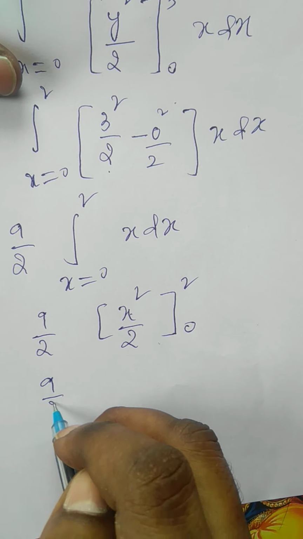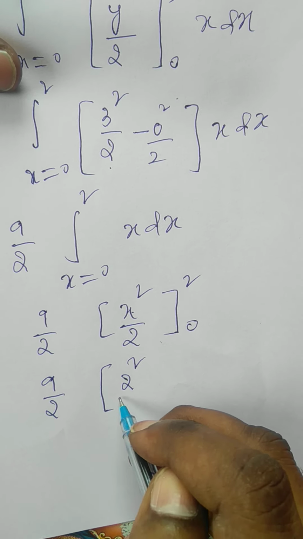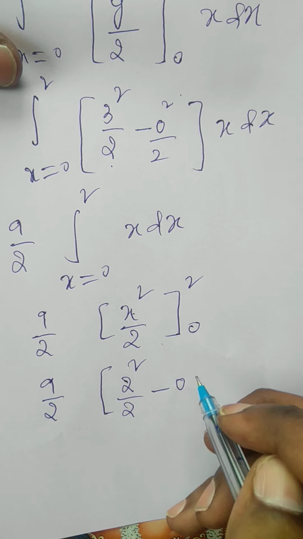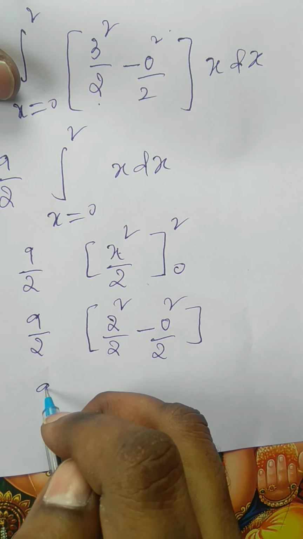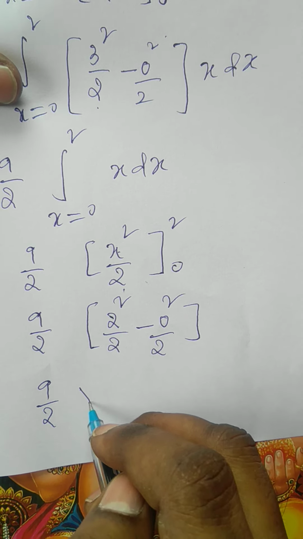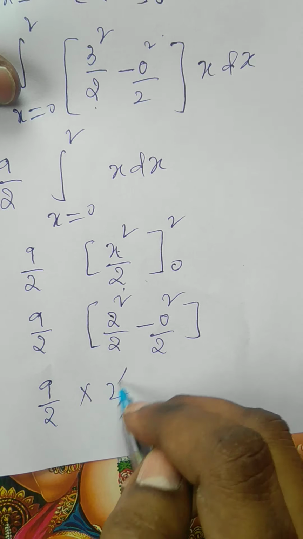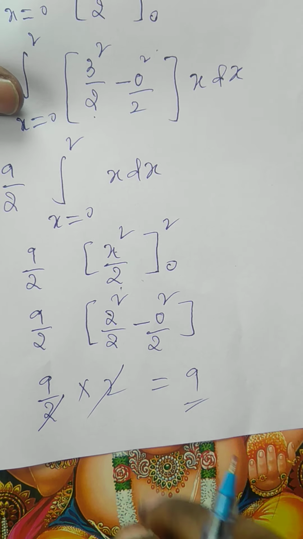So 9 by 2 into, in place of x we substitute the upper limit, that is 2 square by 2 minus lower limit 0, 0 square by 2. Now 9 by 2 into 2 square is 4, right? 4 by 2 is what? 2. We get 2 minus 0 is 2. The 2 gets cancelled. What's the answer here? 9. Yes, the answer is 9.